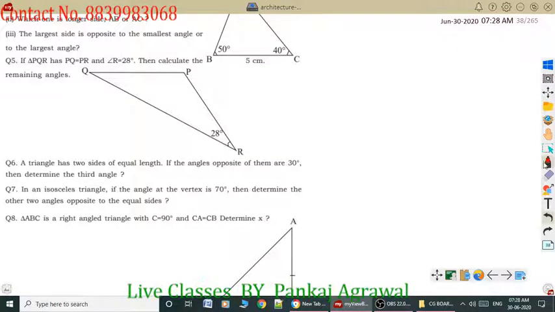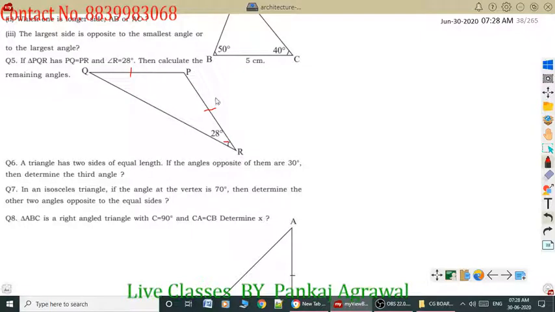You can see here in triangle PQR, PQ equal to PR is given. Two sides are equal. Angle R is given as 28 degrees. Then calculate the remaining angle.